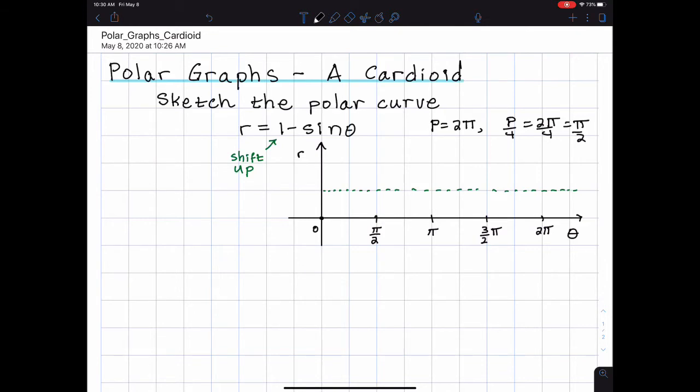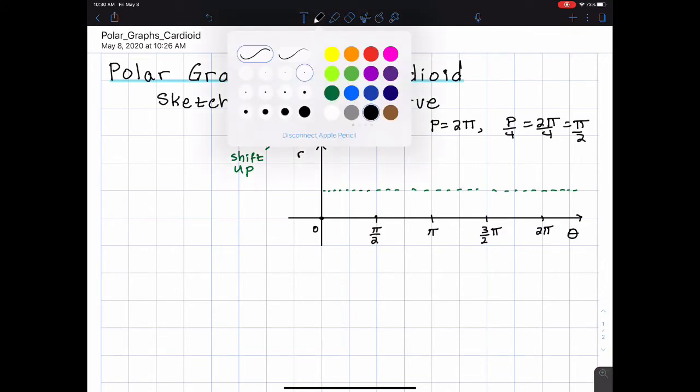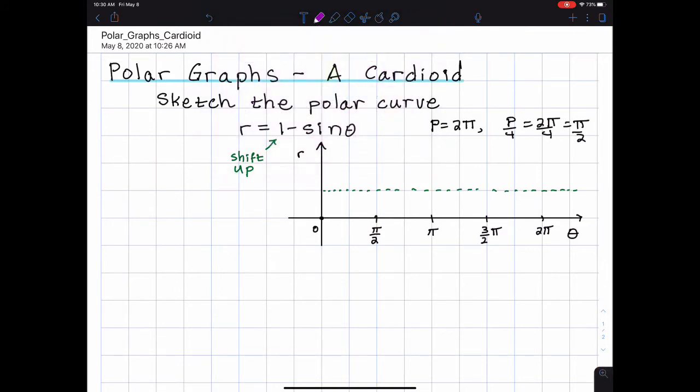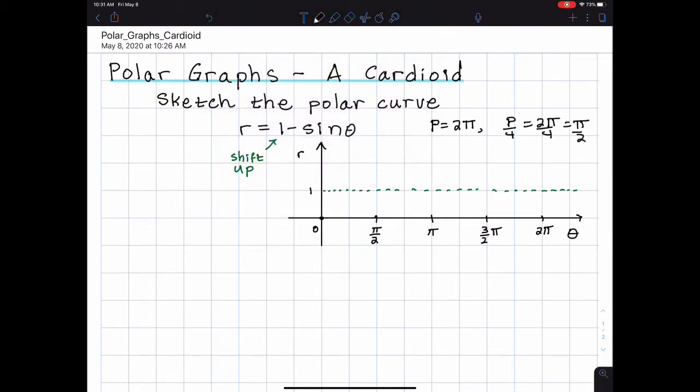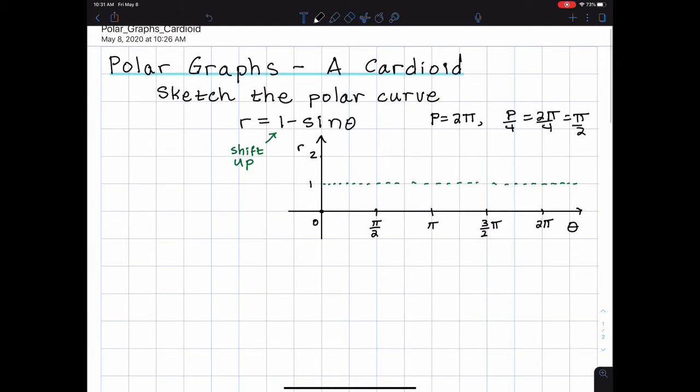Okay, now back to our curve. I am going to treat this line r equals 1 as the horizontal axis. And so the whole thing has been shifted up by 1.